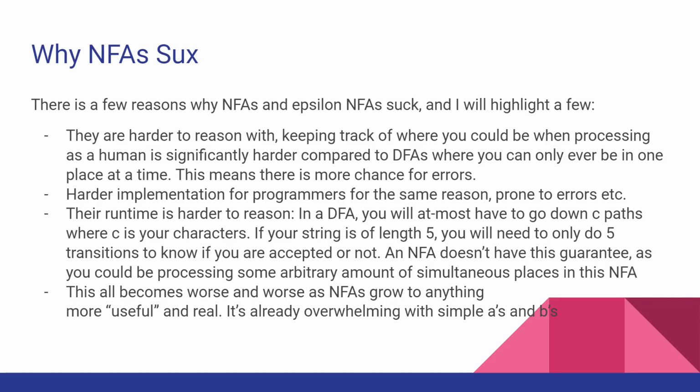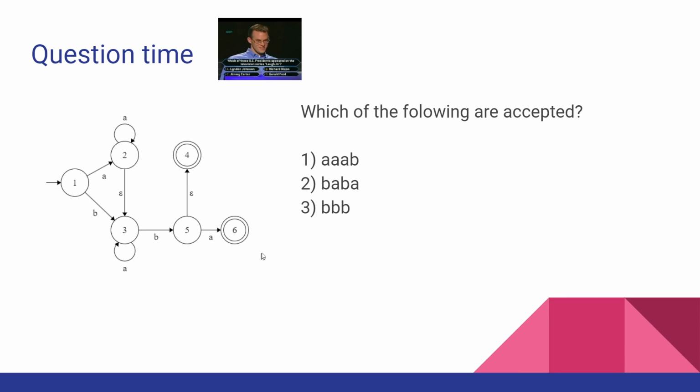One of the more important ones is probably thinking about the runtime of an NFA. In a DFA, you only have to process the characters. So let's say we have 5 characters and we have a DFA, sorry, ignore the transitions, but if we go 1, 2, 3, we only have to do those 3 steps on our DFA.